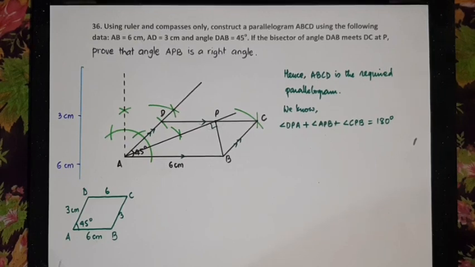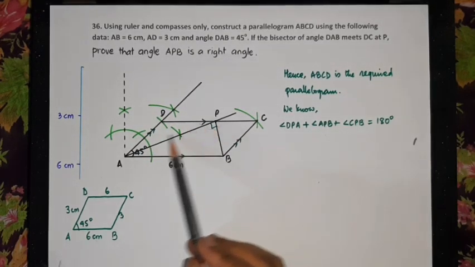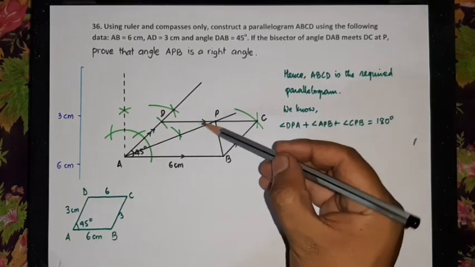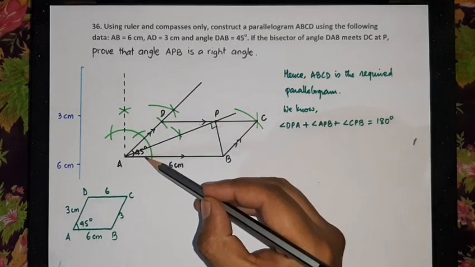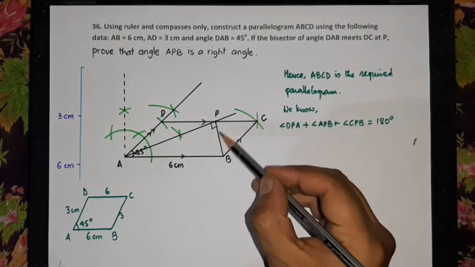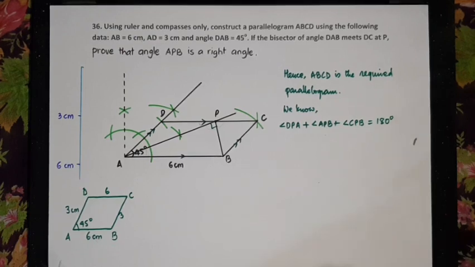Now let us try to search for a Z kind of figure. So for example, here I see a Z, right? This is a Z, and here also we can see an opposite Z, right? Whenever we see a Z kind of figure, we always search for alternate angles. So here this one and this one are alternate angles, and this one and this one are also alternate angles, and we know that alternate angles are always equal.